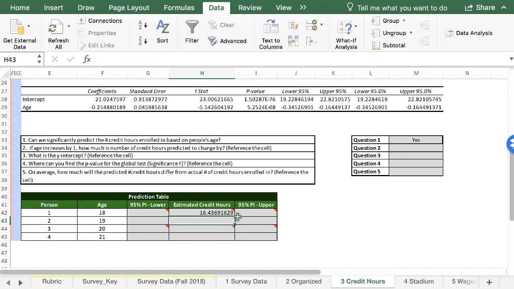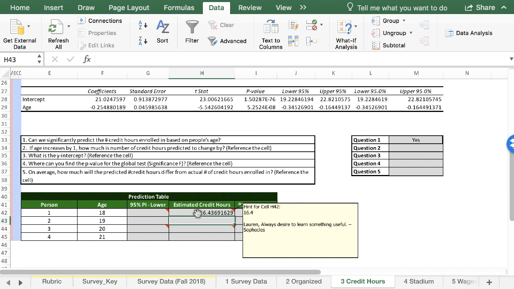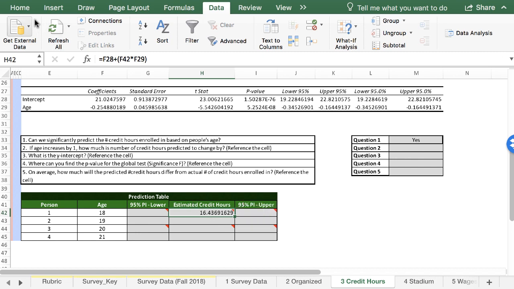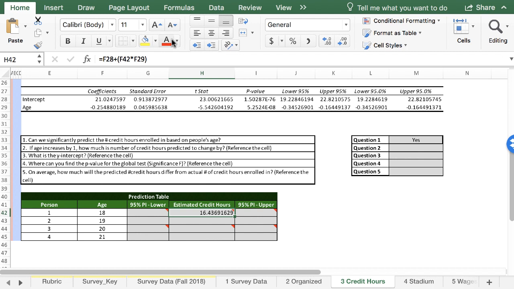So we are estimating that the credit hours would be 16.43, and I believe it tells us somewhere to change that to one decimal place. If you're not sure, use the hints, they'll show you. So I'll go ahead and adjust that to one decimal place.